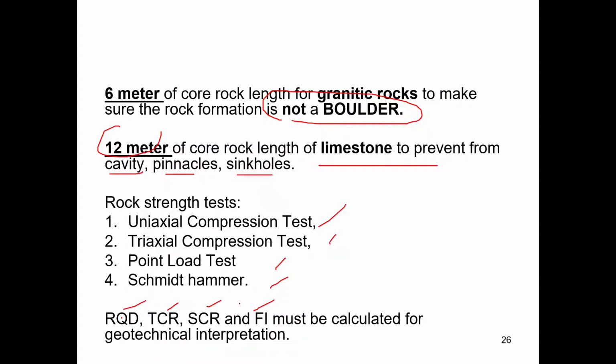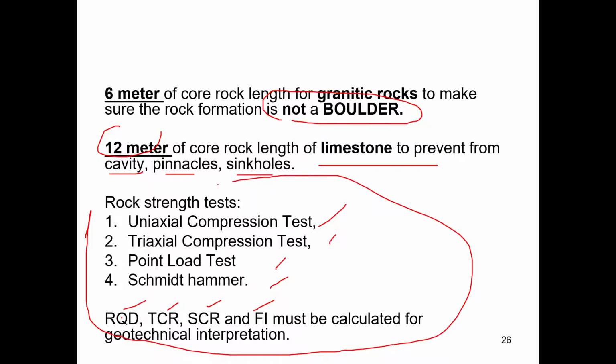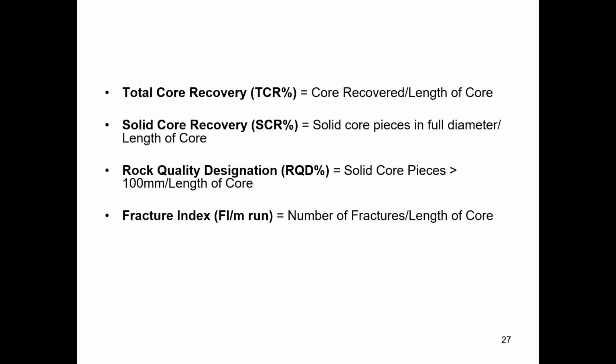So these parameters are important in rock classification. Sometimes they are used for rock mass classification or soil and rock classification. So this is how we measure total core recovery. As I said, core recovered more than 10 centimeters.